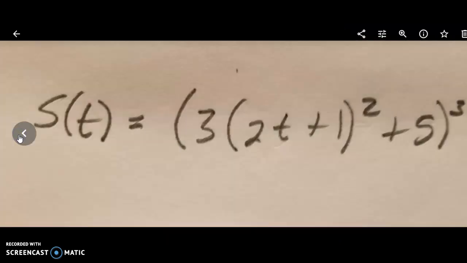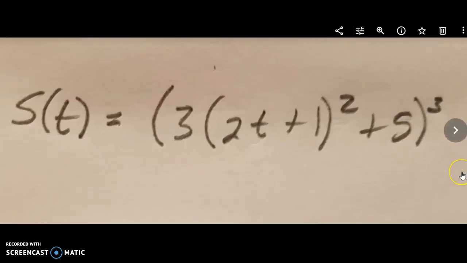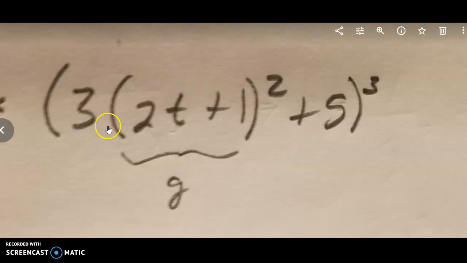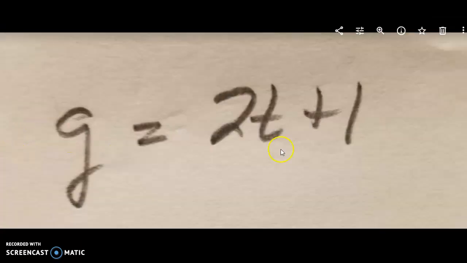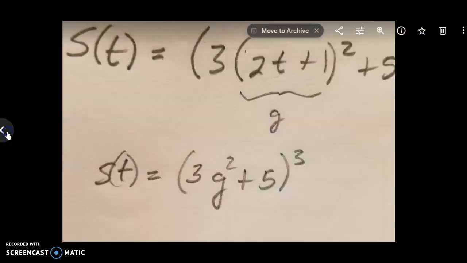Okay, this question is useful because we actually use the chain rule twice. And again, I took the shortcut of saying, let me just call this function right here g. So 2t plus 1.